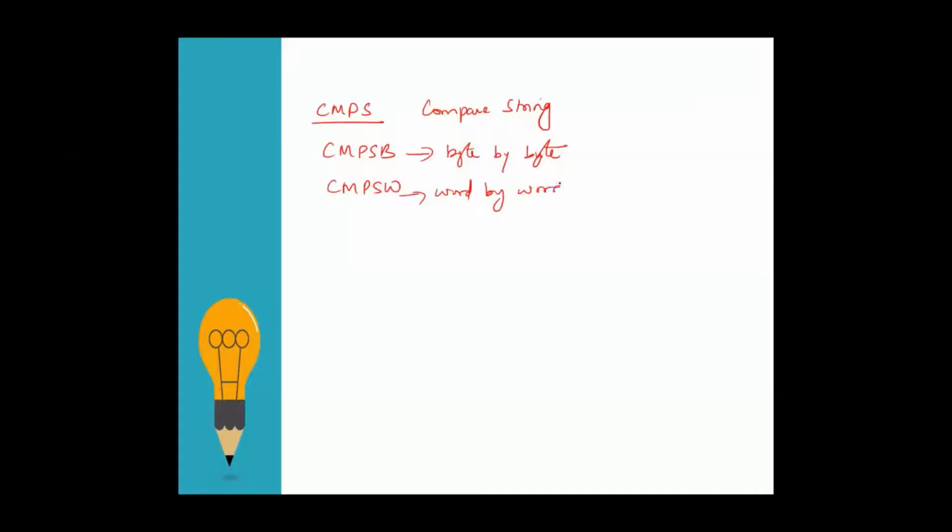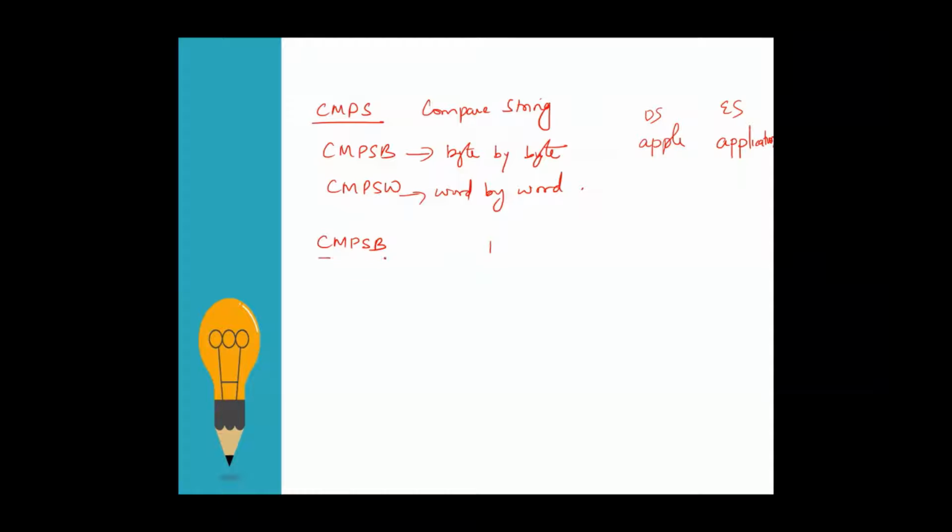If I want to write the syntax of CMPSB, how will I write it? Who is being compared? Suppose I have apple in my data segment, and in my extra segment I have application. I want to compare both of these to see whether they are the same.